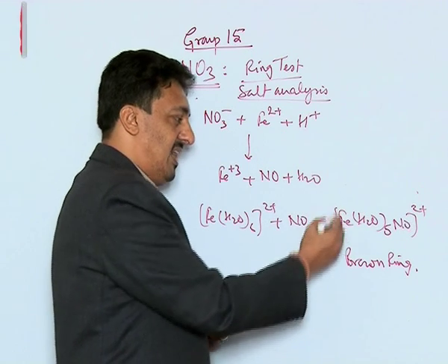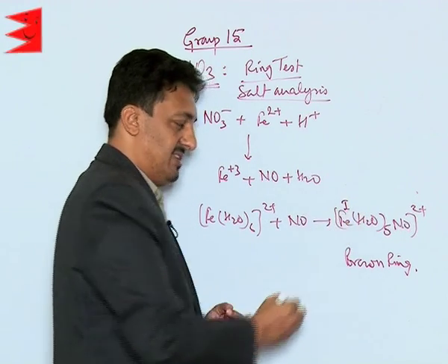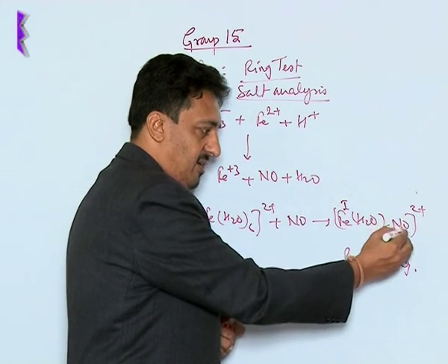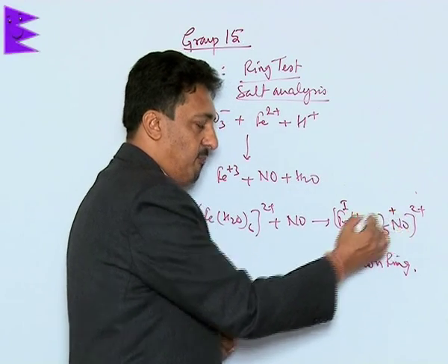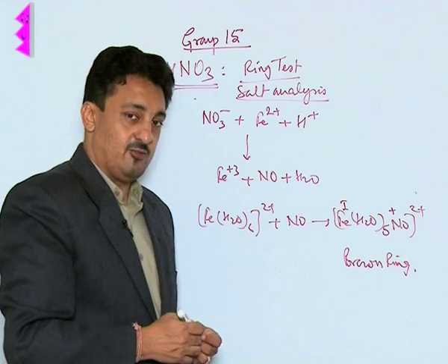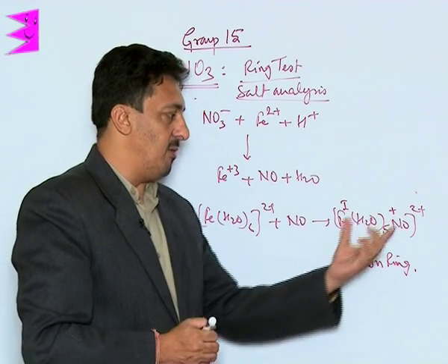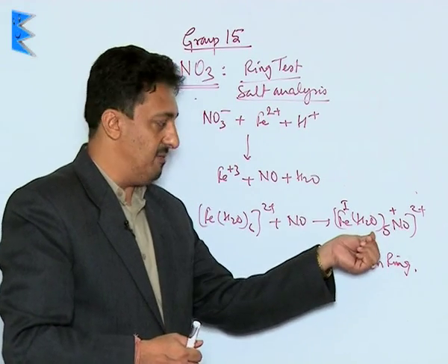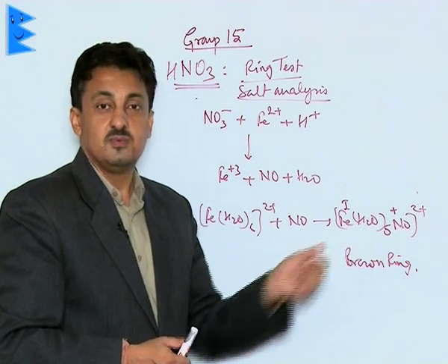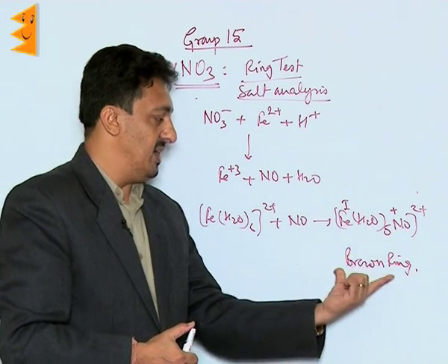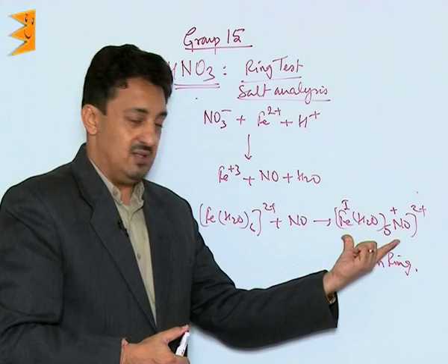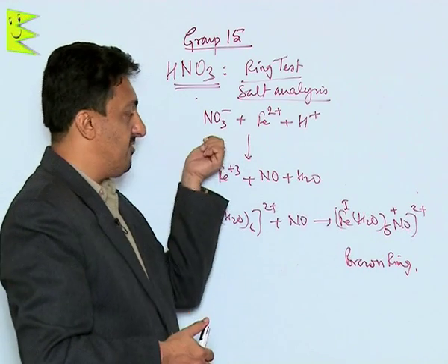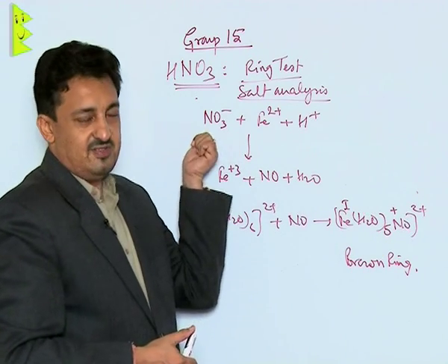The reason is that the iron in this is present in the +1 oxidation state, and the nitric oxide is present as a positive ligand, the nitrosonium ion. So that is why the overall complex has a +2 charge, and it is called pentaaqua nitrosonium iron(I). So this is the special compound formed by the use of nitrate salts.